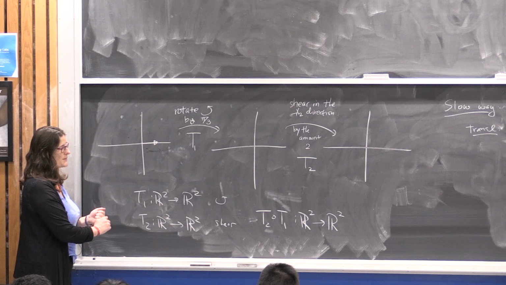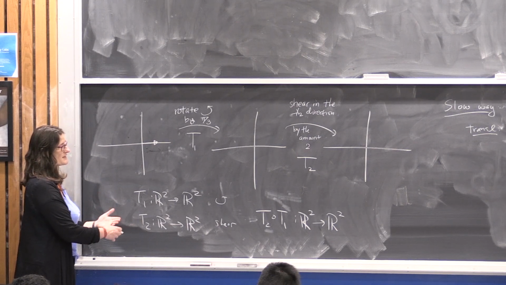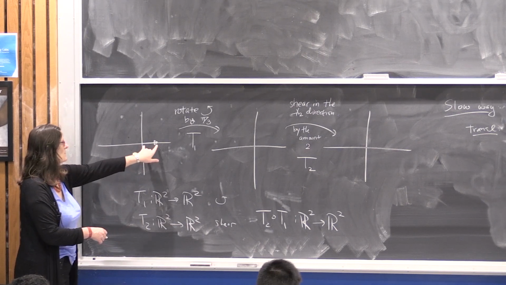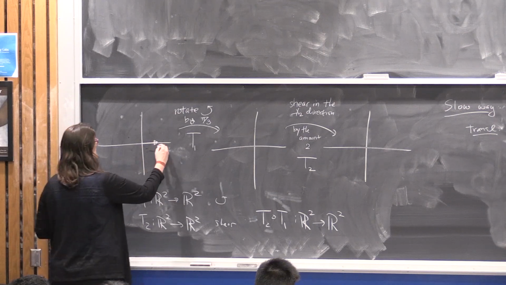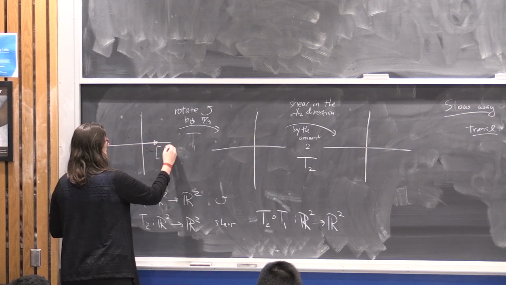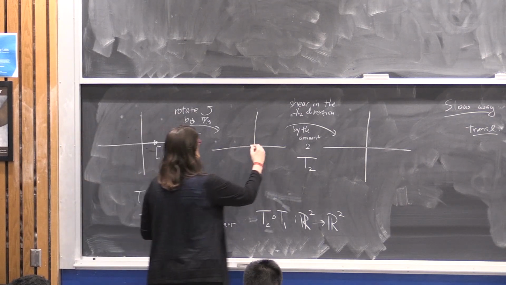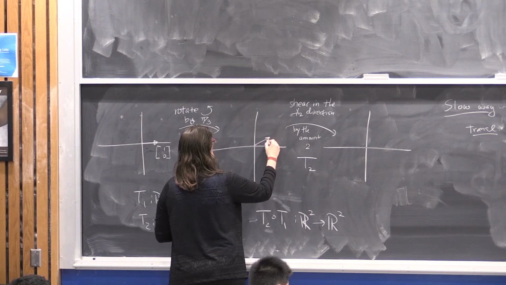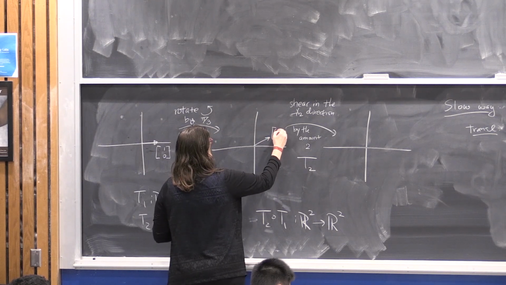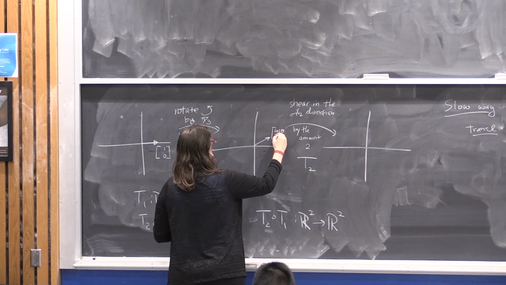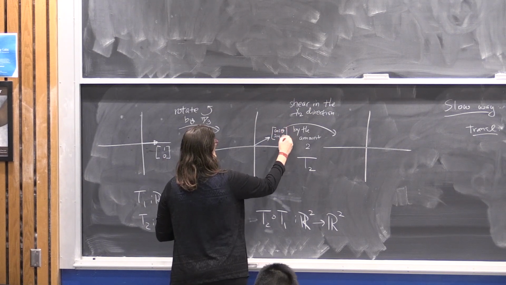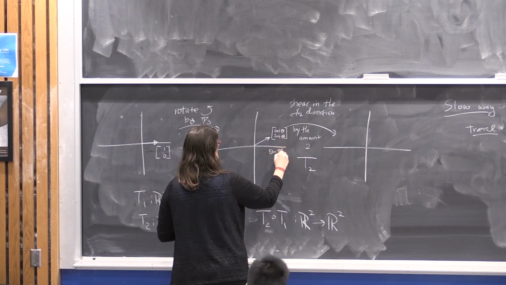It'll still work, but it will look different. For this one, we're just talking about the vector 1, 0, which, as last time we discussed, is going to go to cos theta, sine theta, where theta is equal to pi over 3.